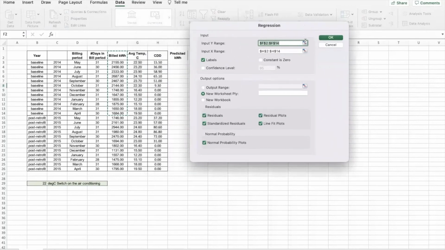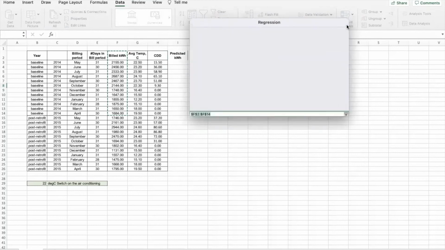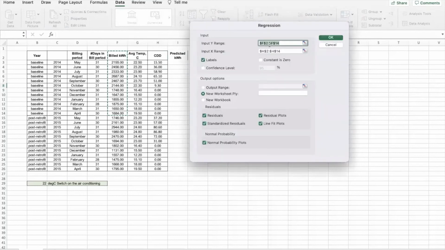In the regression, we need two sets of data. One is Y, one is X. Y is the output. That is, in the future, if I want to predict something, what kind of data we need to have? That is the Y. X is the input value.